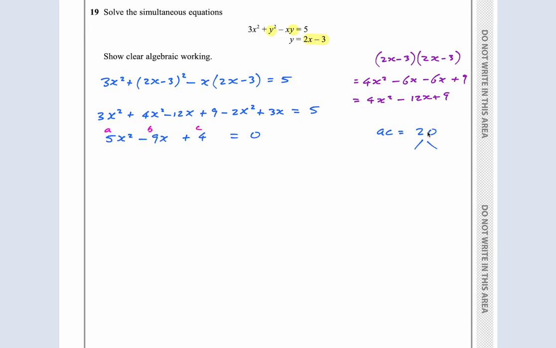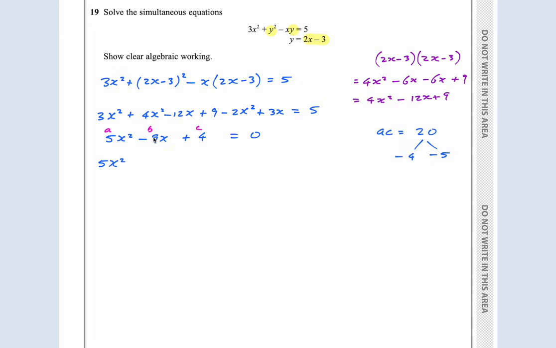And the answer is going to be -4 times -5, because -4 times -5 is 20, and -4 minus 5 is -9. Then I go 5x squared. By the way, guys, you can factorize this however you want.